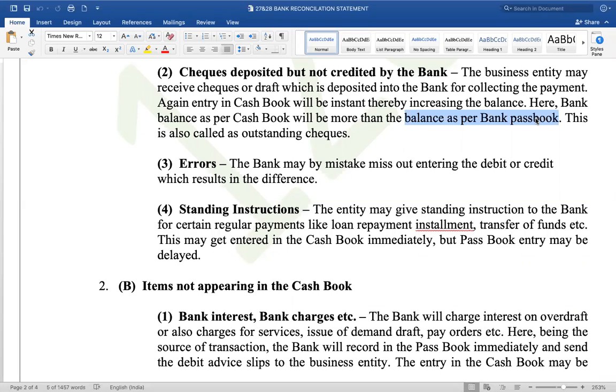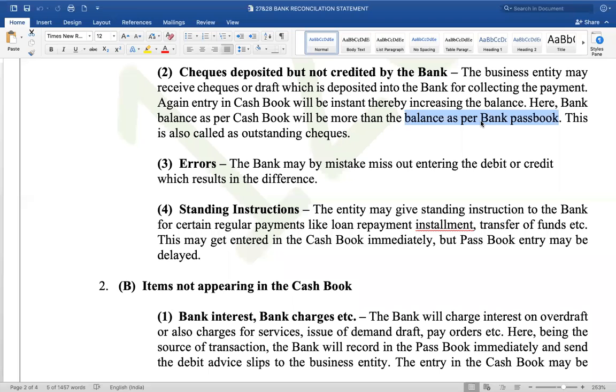So he gives the 10,000 to HDFC. This process takes nearly 3 days. For 3 days, the balance is still 10,000 as per passbook, but as per cash book, it is already 20,000. After 3 days only, the passbook balance will become 20,000, once the amount comes. Sometimes the check may be bounced.